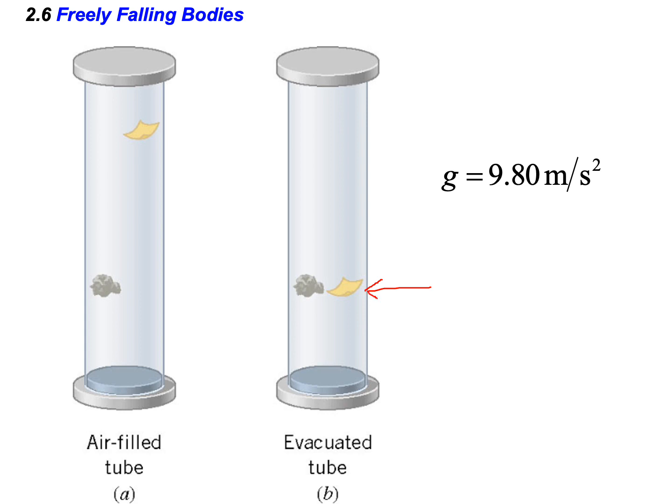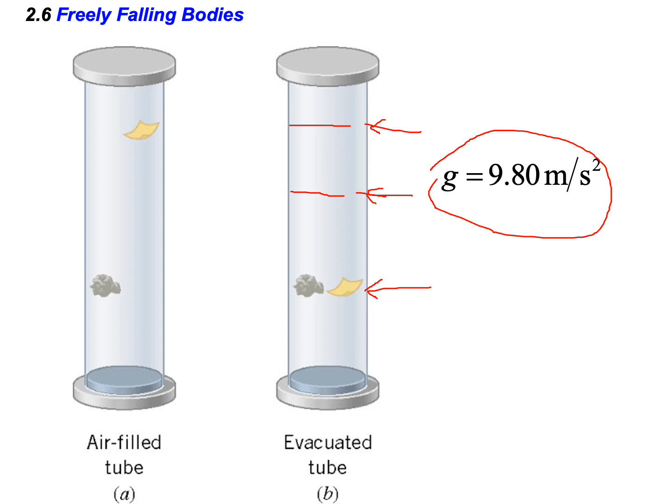At every location they are at the same level. So regardless of their weight, they fall with the same velocity, and from the velocity change you can calculate the acceleration due to gravity, 9.8 meters per second squared.